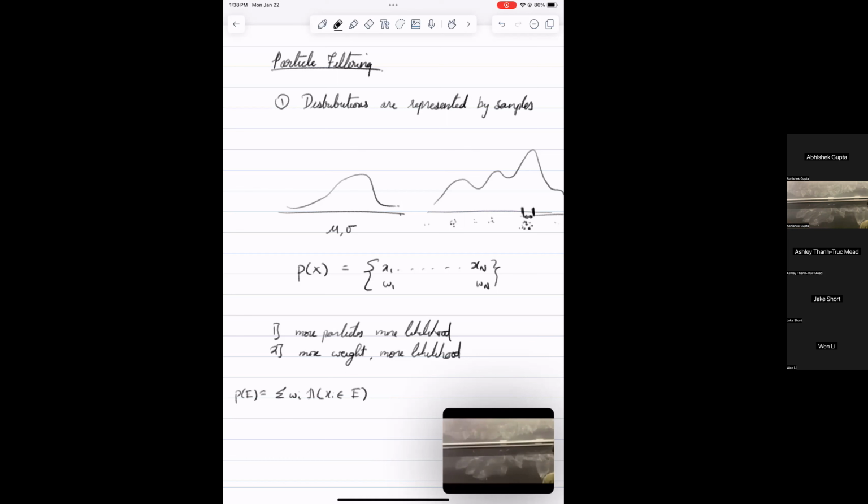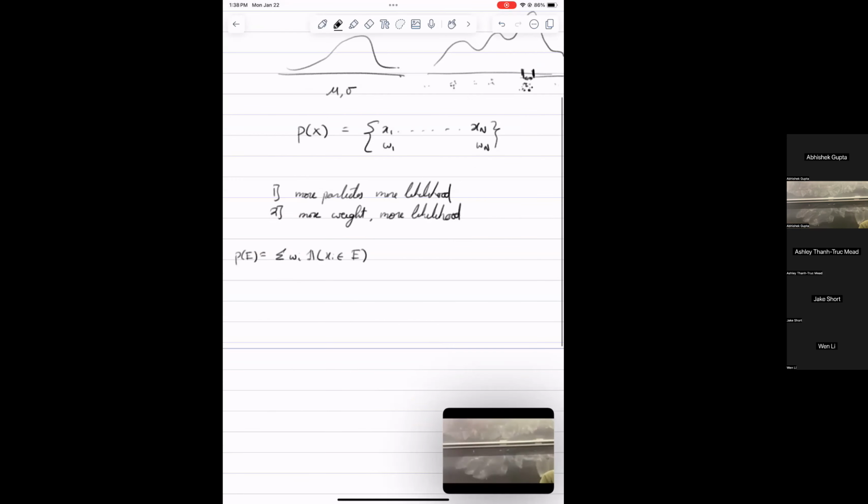Yes. So let's take an intuitive example, right? So let's say you have your race car, right? Can I ask a quick question? Yeah. As far as the weights, do you mean the more particles in a certain region means the higher weight of that region, or the individual particle might carry a higher weight? So the individual particles have weights.